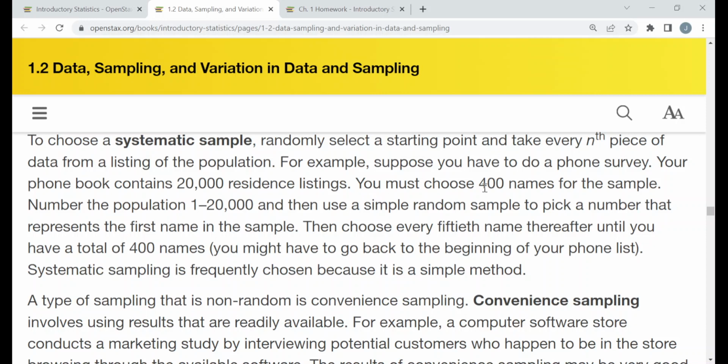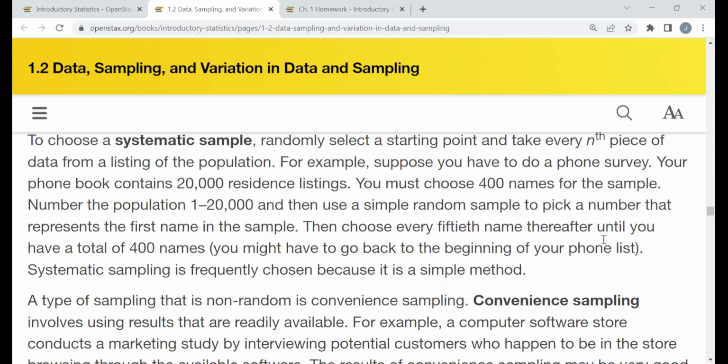You must choose 400 names from that sample. So number the population, 1 to 20,000, use a simple random sample method, just pick a number out of a hat or a random number generator. Pick a number that represents the first name in the sample. Then after that, you choose every 50th name until you have a total of 400 names.